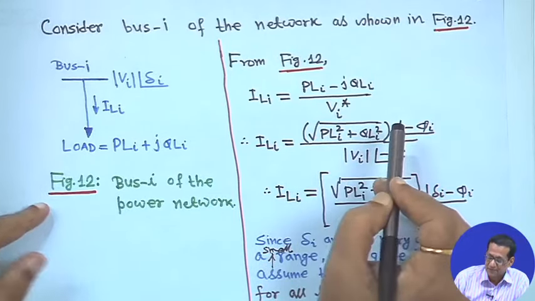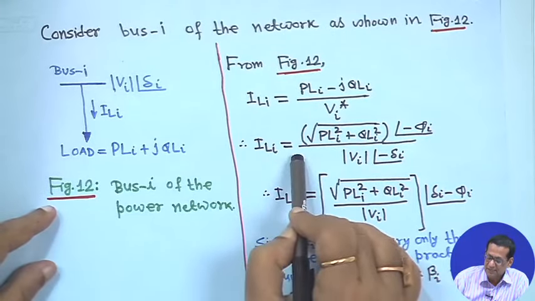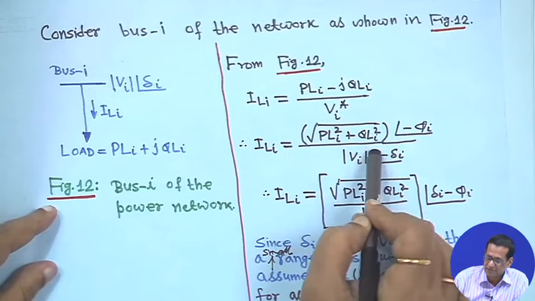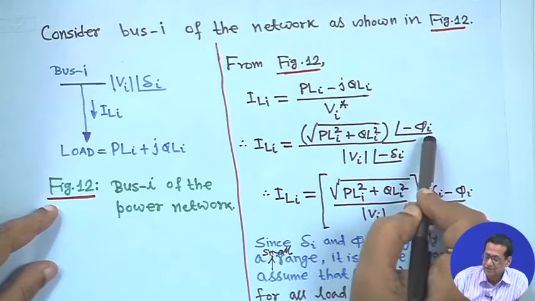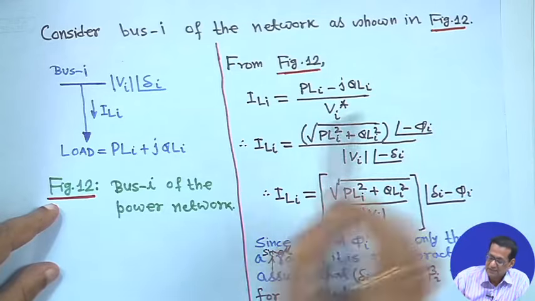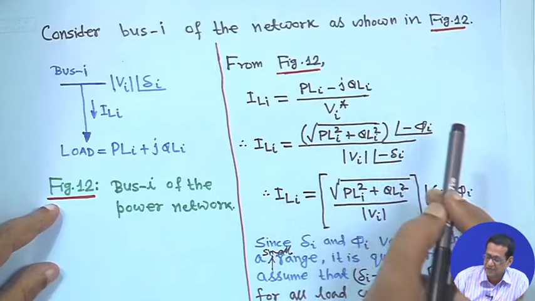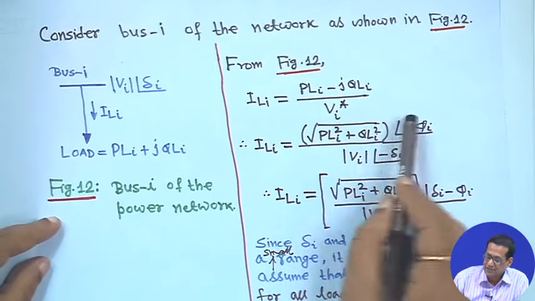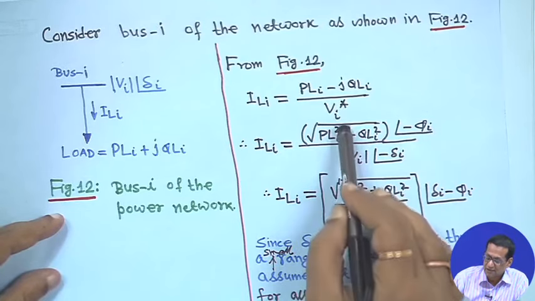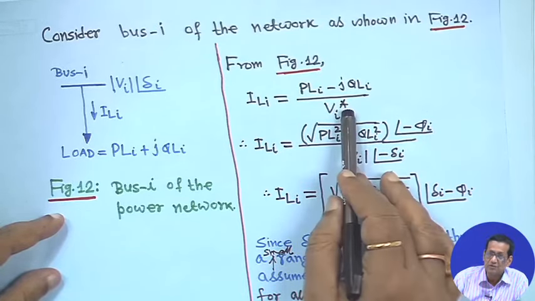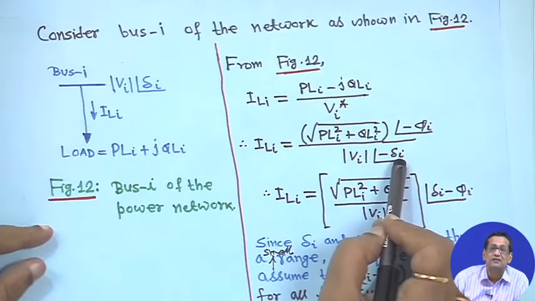That means ILI can be written as the root over PLI square plus QLI square, with angle minus phi I, where phi I is equal to tan inverse QLI upon PLI. So, this is the load angle, minus phi I, and the voltage magnitude V I conjugate has angle minus delta I.